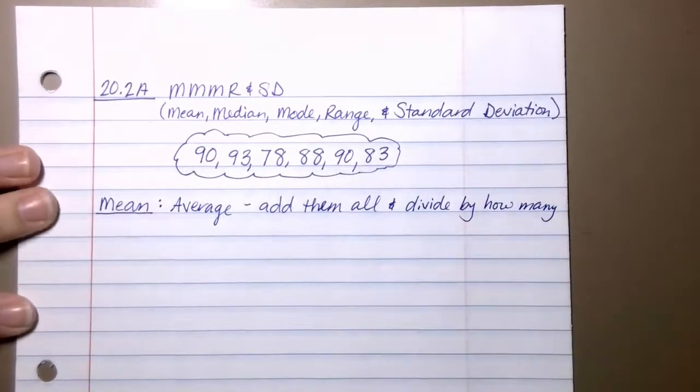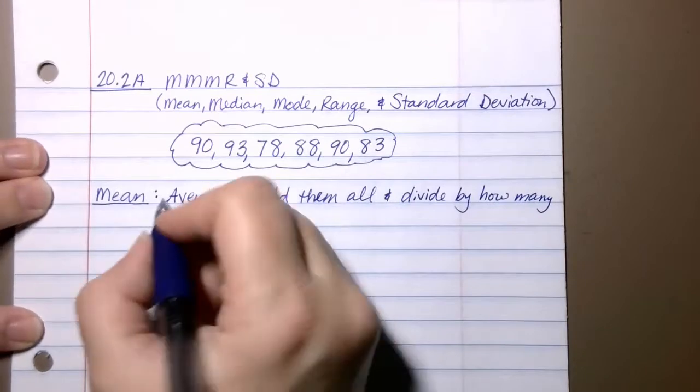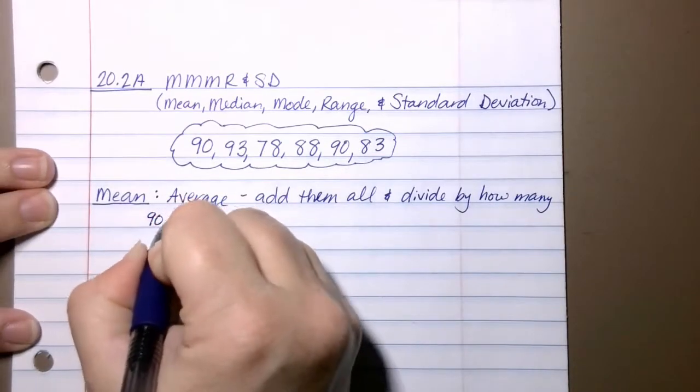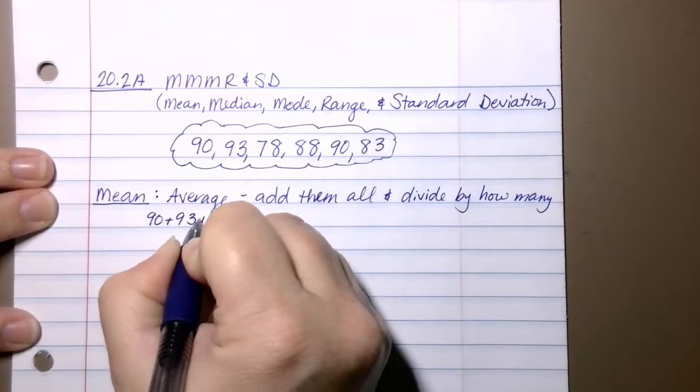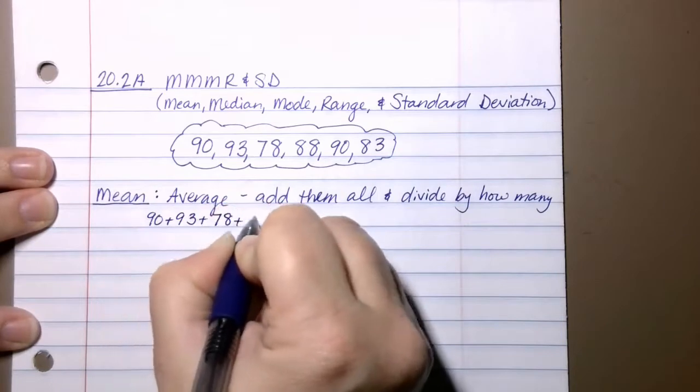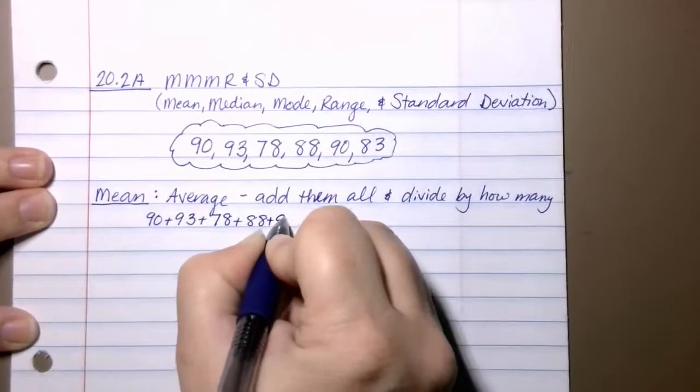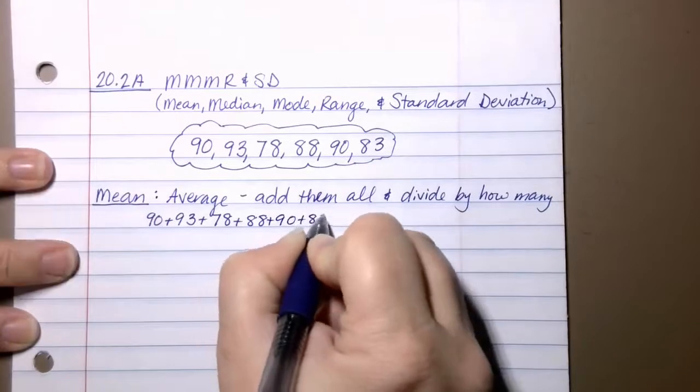So if I wanted to calculate the mean of this data, I would do 90 plus 93 plus 78 plus 88 plus 90 plus 83, and I would divide by what?